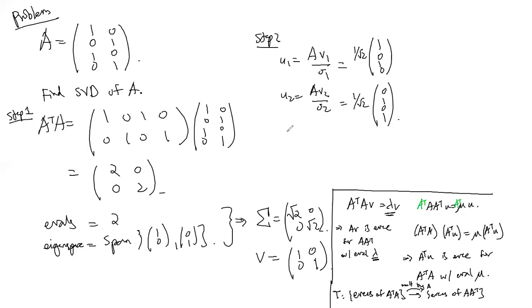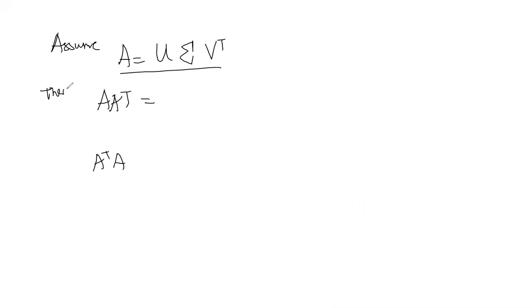I guess if you assume A equals U sigma V transpose, then you can just look at AA transpose and A transpose A. That's the cleanest proof. If you just assume this, where sigma is diagonal, maybe not square, and U and V are orthogonal, then you can prove this pretty easily.